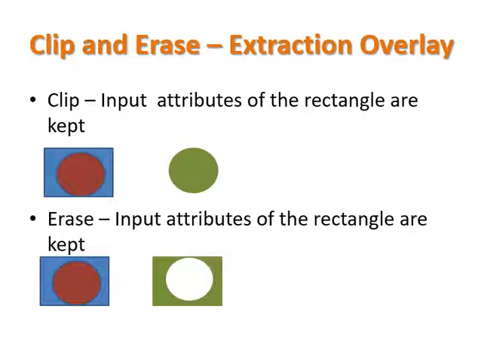The clip and erase are extraction overlays. So the clip takes the attributes of the feature being clipped and ignores the attributes of the shape. One way to think about this is the cookie dough and the cookie cutter. So the rectangle is the cookie dough, the circle is the cookie cutter, and the output has the shape of the cookie cutter, but the attributes of the cookie dough or the feature underneath it.